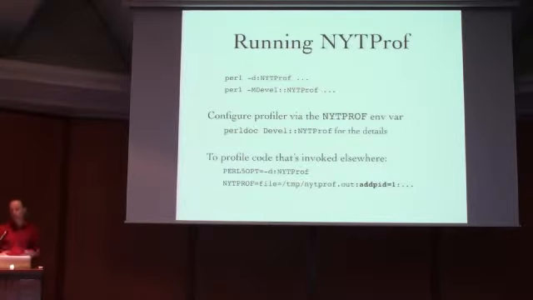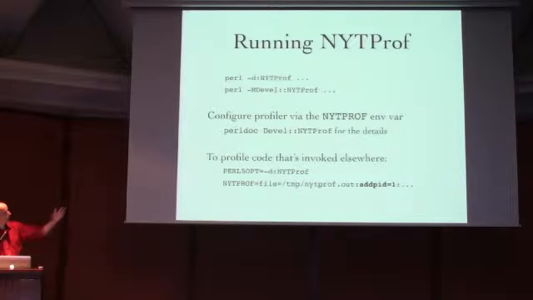So how do you run it? Very simple, perl -d:NYTProf. That's the typical use. You could also use -m. Another way, if you can't influence the command line that's being run, say the Perl code is being run embedded in some other bit of software, you can use the PERL5OPT environment variable. And you can set options through the NYTPROF environment variable.